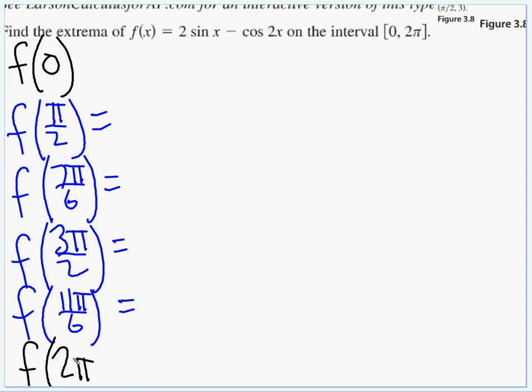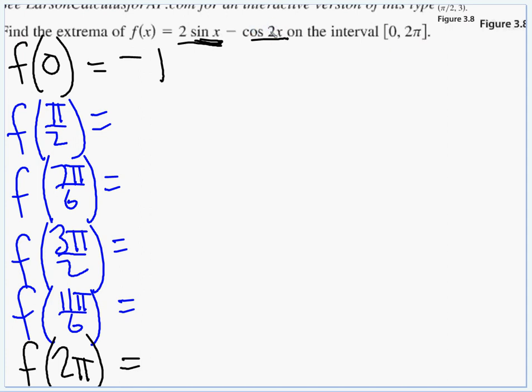So let's do here, f of 0, plug 0 into here, out pops a -1. If we put in the pi over 2, we're just going back here, so that'd be the sine at pi over 2 times 2. When we plug the pi over 2 in here, you're going to double it, so that would be the cos at pi. When it's all done, it turns out to be a +3. For the 7 pi over 6, we plug that in.